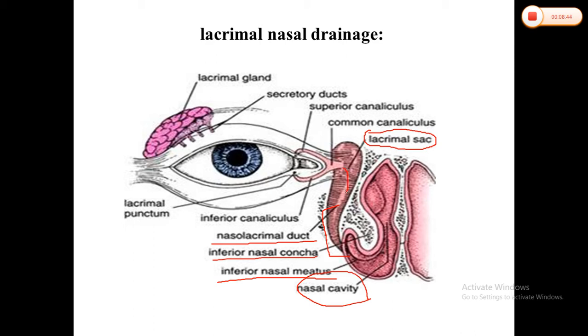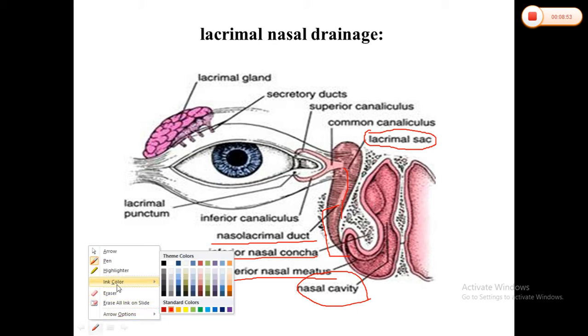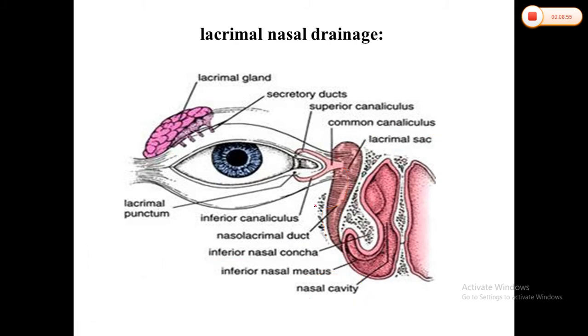So through gravity and the air present in the nose, negative pressure is induced, and that helps the fluid flow down into the nose.